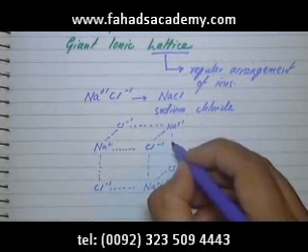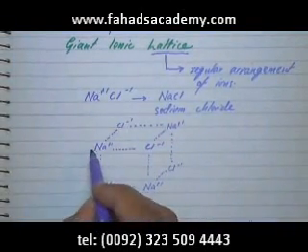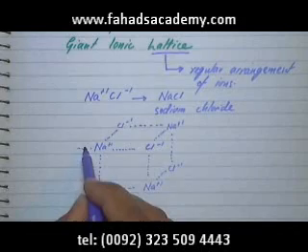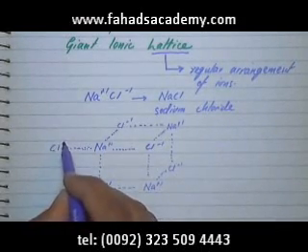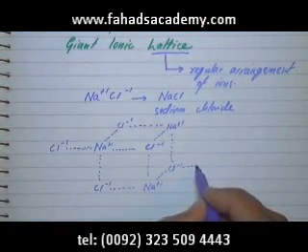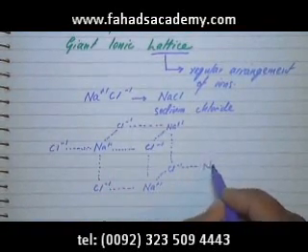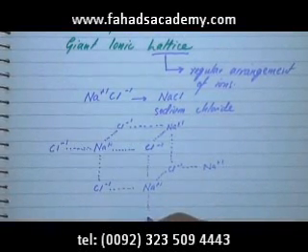This Na+ would then be attracting this Cl-. And it would keep on going. This Na+ would further be attracting another Cl-. And similarly, this Cl- would be attracting another Na+. So this Na+ would be attracting another Cl-.